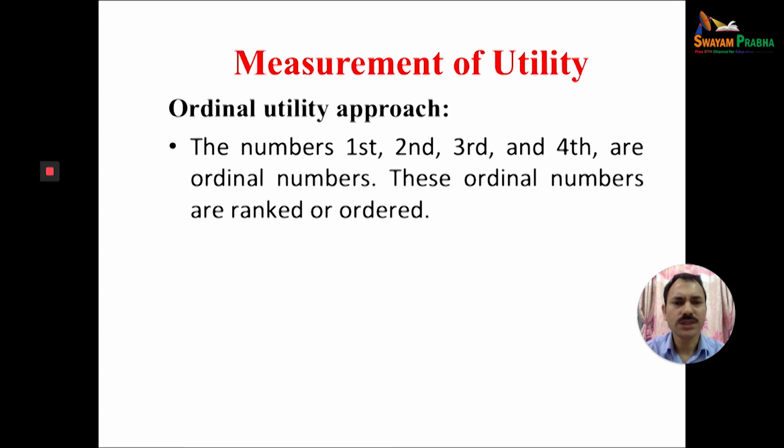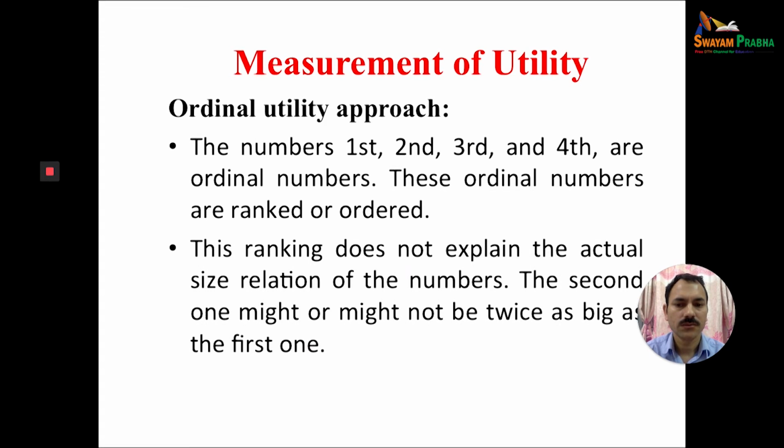The numbers first, second, third, fourth are ordinal numbers. Here we rank. This is the first rank, second rank, third rank, fourth rank. These ordinal numbers are just ranked or ordered. The ranking does not explain the actual size relation of the numbers. This is very important.